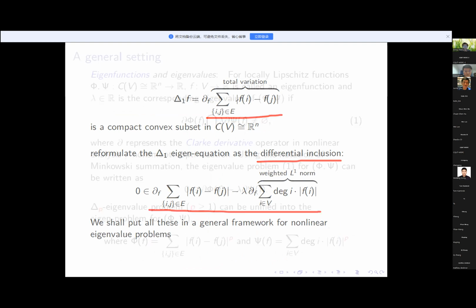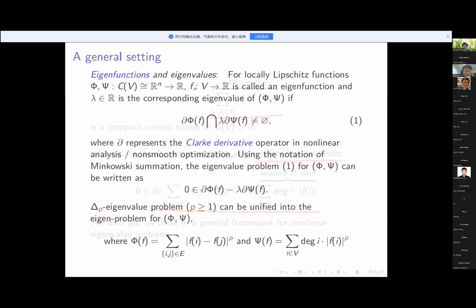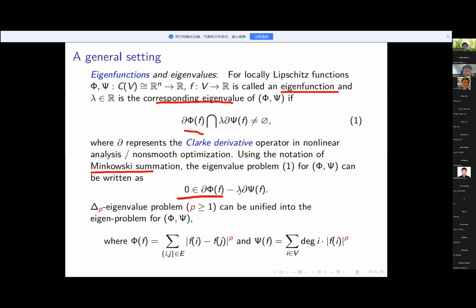For locally Lipschitz functions phi and psi, we say a function f is an eigenfunction and lambda is the corresponding eigenvalue of this function pair phi, psi if the Clarke derivative of phi at f intersects with lambda times the Clarke derivative of psi at f. And if we use the notation of Minkowski sum, then we can rewrite this eigenvalue problem by this differential inclusion.